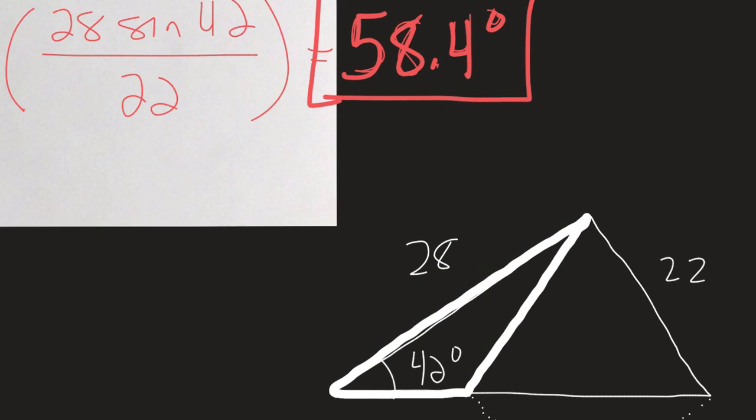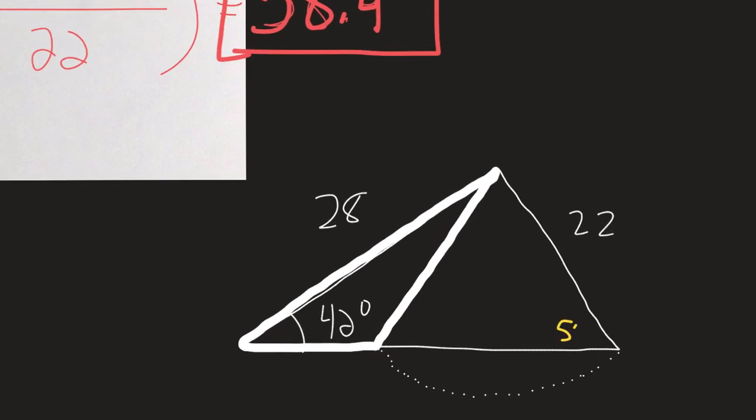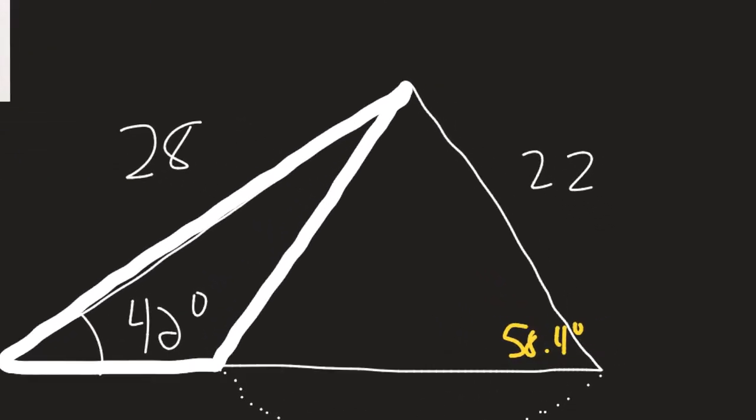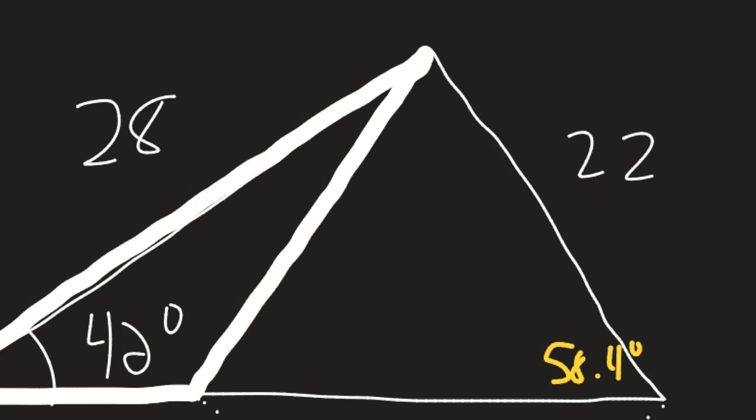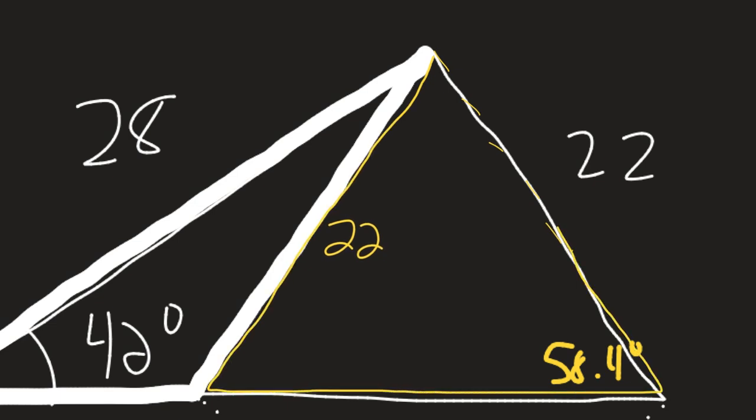So our first calculation said this angle is 58.4 degrees. Let's take a run back to geometry for a second. If this side is 22, did we change the length of this side? We have not. We're keeping it side-side-angle, which means this side is also 22. So what kind of triangle is this leftover part?